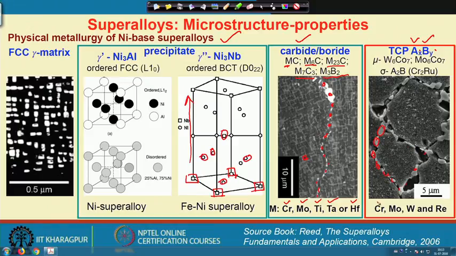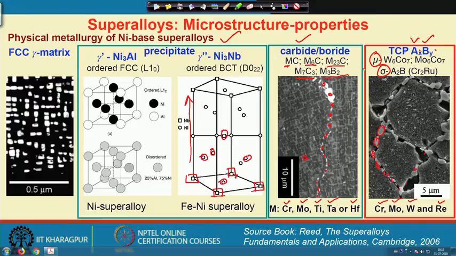Due to improper selection of elements like chromium, molybdenum, tungsten and rhenium, if the stoichiometry is not proper, then instead of forming carbides, going into solid solution, or forming precipitates, they form these mu phases or sigma phases.